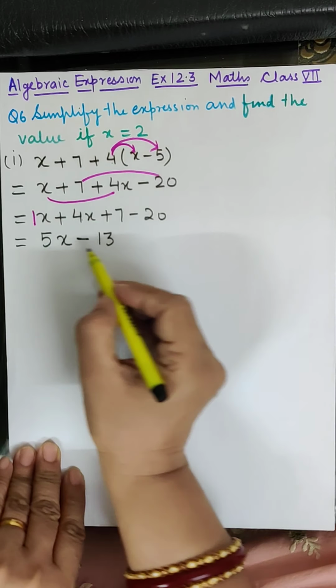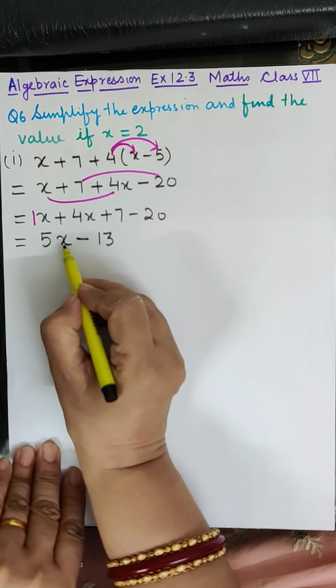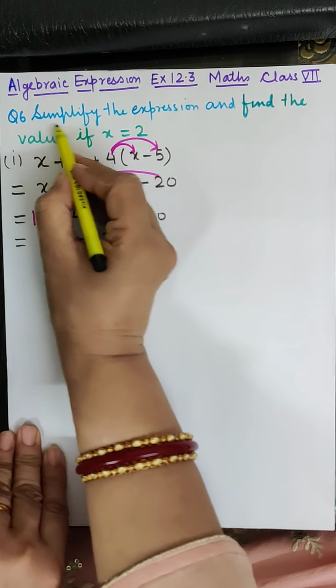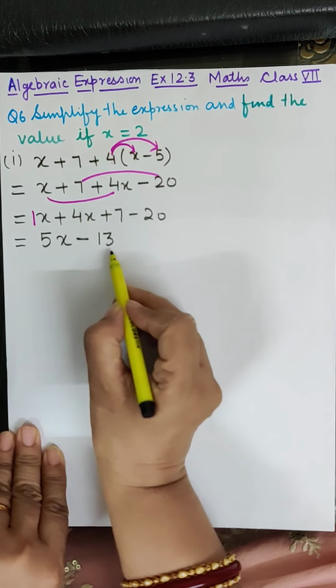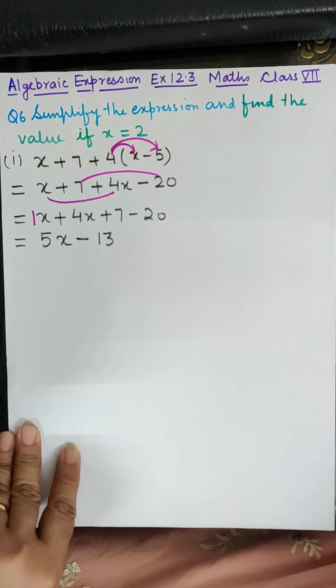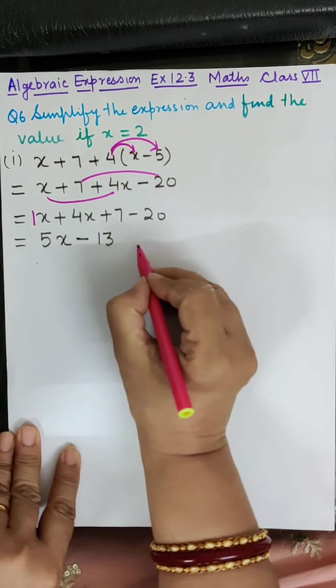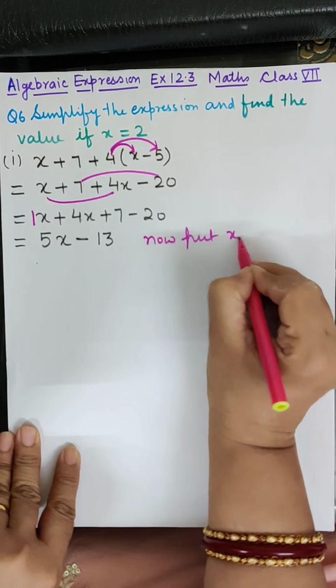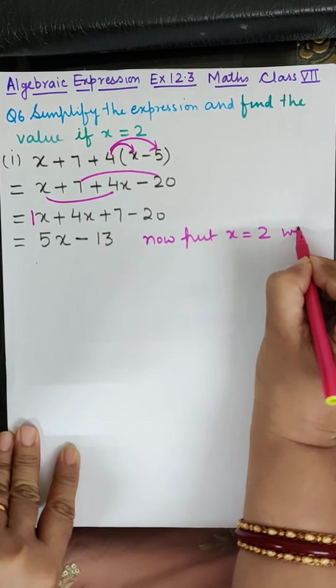Okay, now we have to put the value for x. This is the simplified form of the expression, because question was simplify the expression. So we have simplified the expression here. Now we will put x is equal to 2.